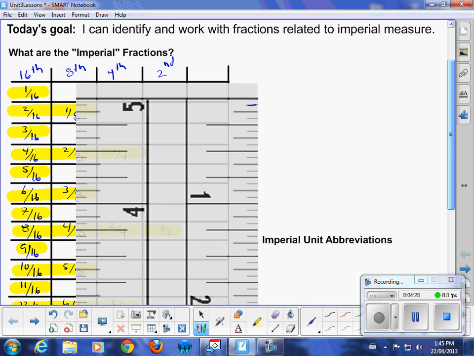As we move through, the next column went up to an 1/8, so it's a little bit longer. So it measures 1/8. The next one's a 16th, so it's just going to be a short one. The next one went all the way up to a 1/4 inch, so it's the next longest line after an 1/8. And again, the ones that did not reduce from a 16th are short lines, so they're counting by 16ths. The next longest line here is our 1/8 counter, and it was able to reduce once.